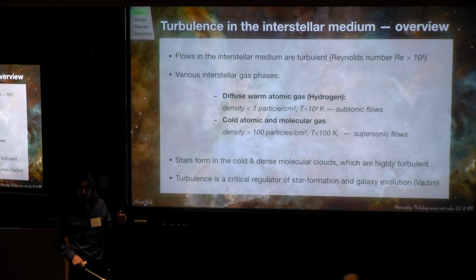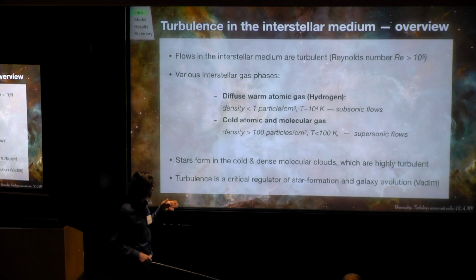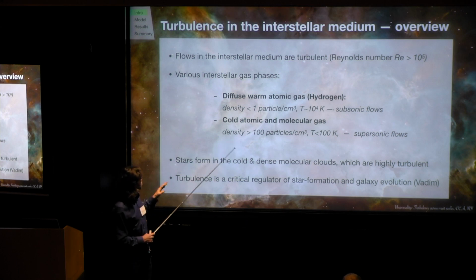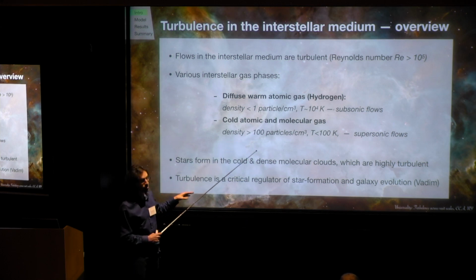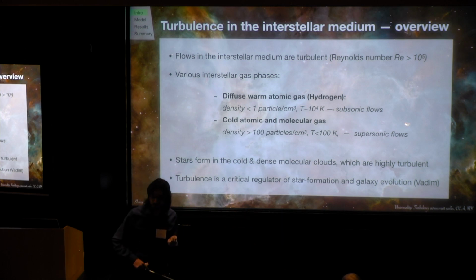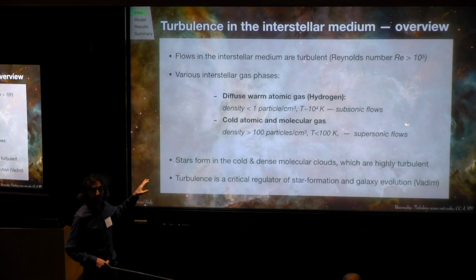The cold gas is usually supersonic, the warm is subsonic, and the densities are quite low, much lower than what we hear about in these experiments. High density would be 100 particles per cubic centimeter, and low density is about 1 particle per cubic centimeter. And we still call it gas, not vacuum.